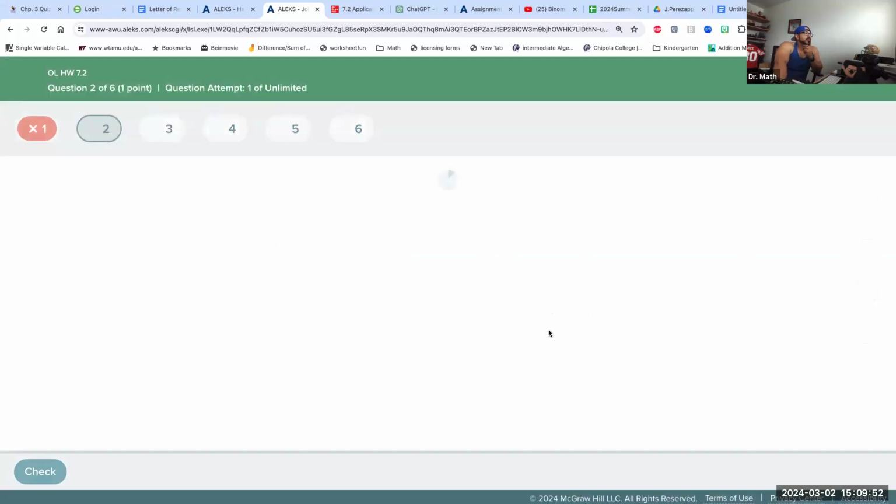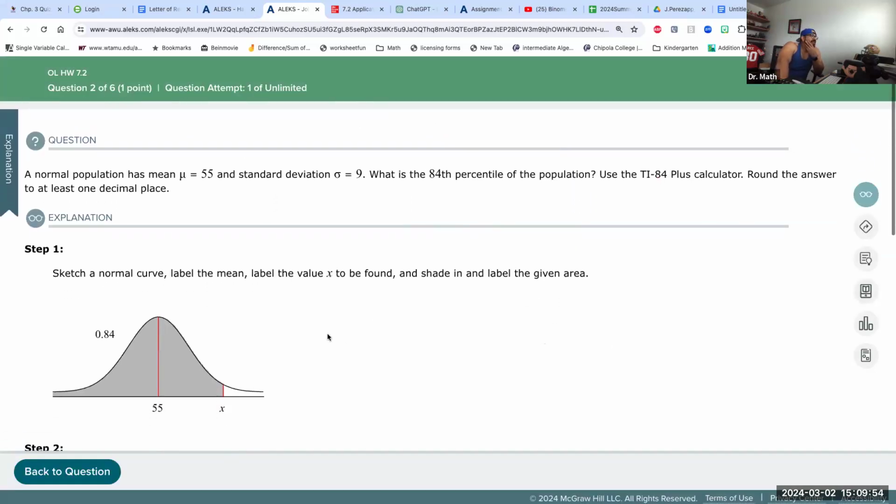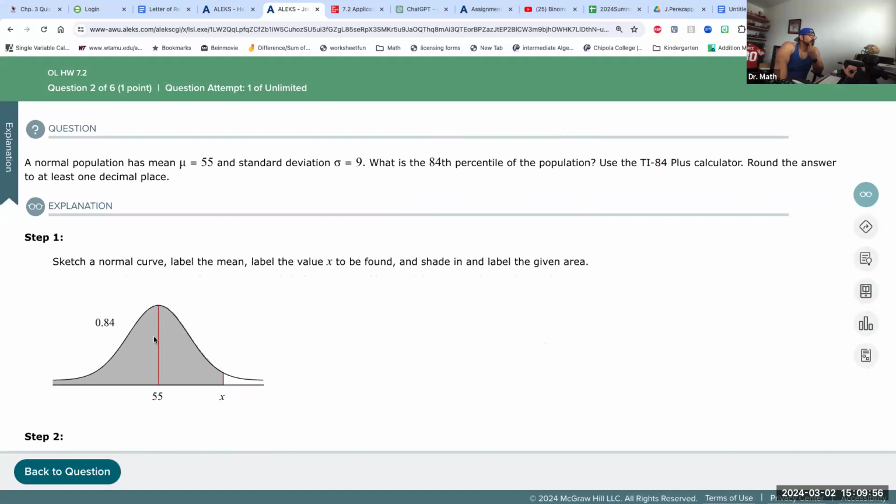So what you do is you draw your normal curve, and you've got your mean right smack in the middle. When you draw your area, you draw it so that it looks like 84% of that curve is shaded in.